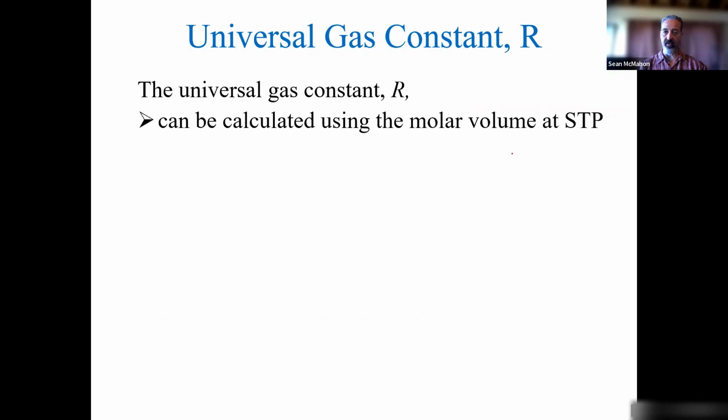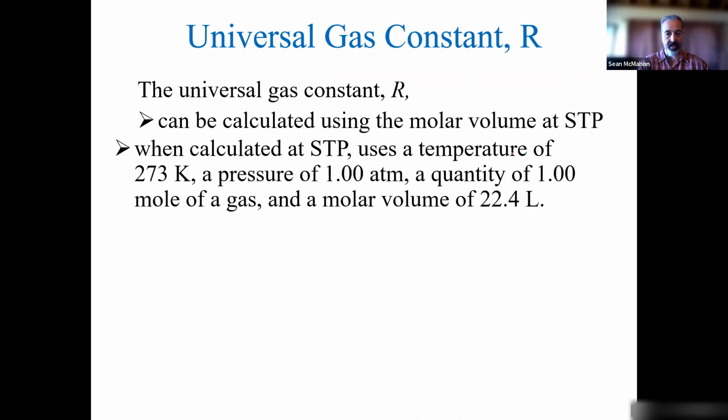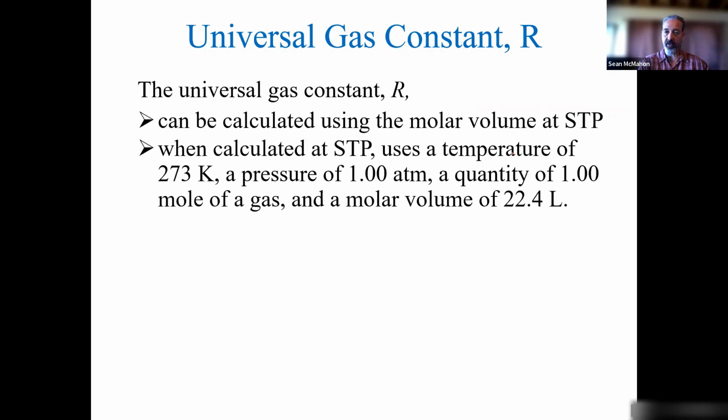So what's the universal gas constant R? Let's calculate it based on molar volume under standard temperature and pressure. So I know at STP, the temperature is 0 degrees Celsius, which is 273 Kelvin, because remember, with temperature and gas laws, always convert to Kelvin.